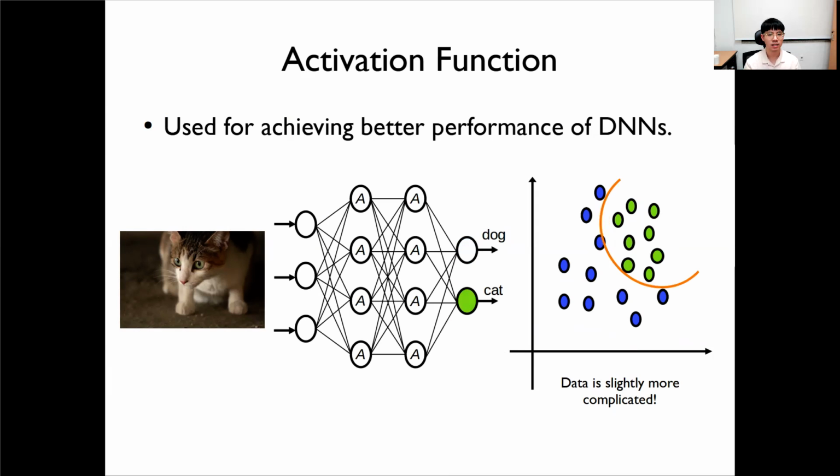In this case, if using a nonlinear activation function at each layer, your network is able to classify this non-trivial data with these quadratic curves. And there exist diverse activation functions like sigmoid, ReLU, arctan, and so on.